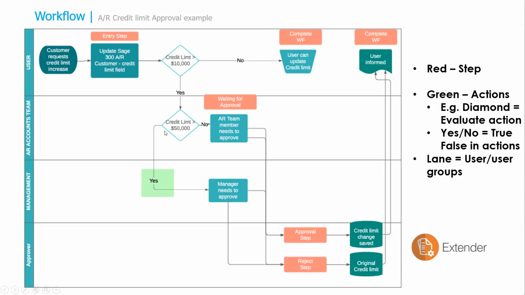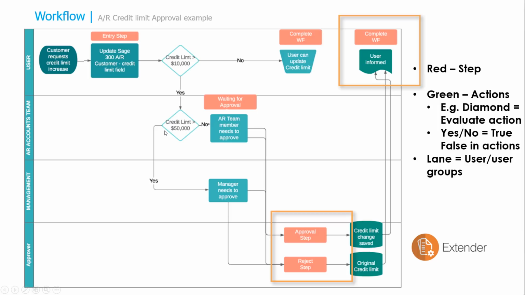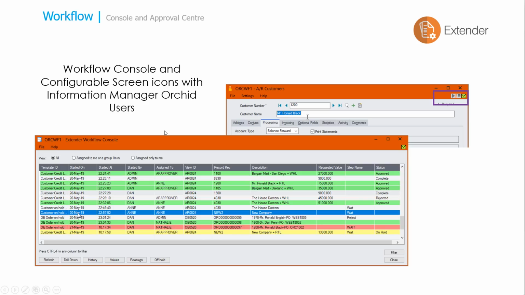In both of these cases, whether the approver is an accounts team user or a manager, the approval step and the reject steps are the same. On rejection, the credit limit is validated by the approver and the original user who submitted the request is informed. And the detail values at the time of approving are saved in the workflow history.